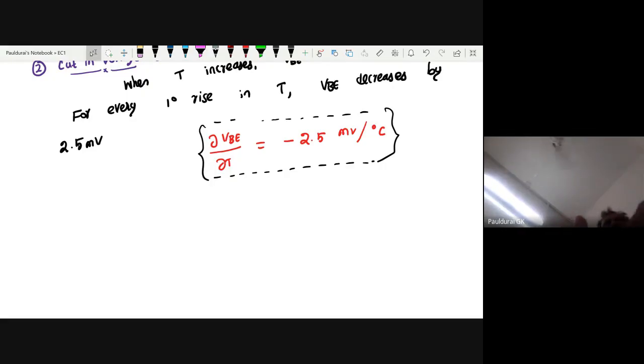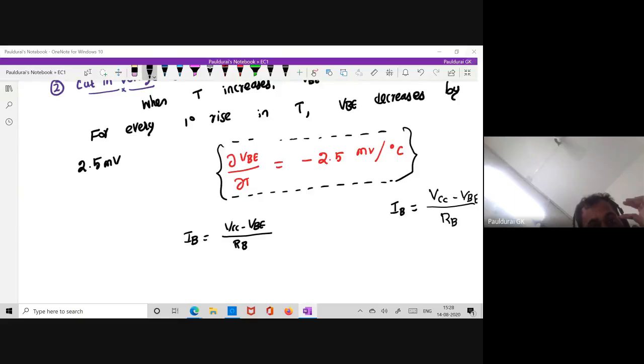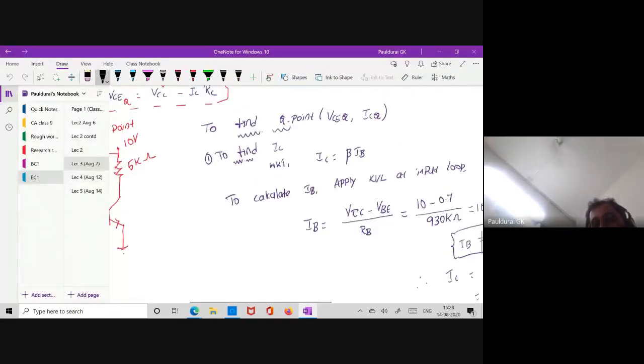I took a common emitter amplifier, and on the input loop we derived this equation for IB by applying KVL, I equal to V by R. So IB equals the applied voltage VCC minus VBE, divided by RB. Let me take this equation from my previous class.